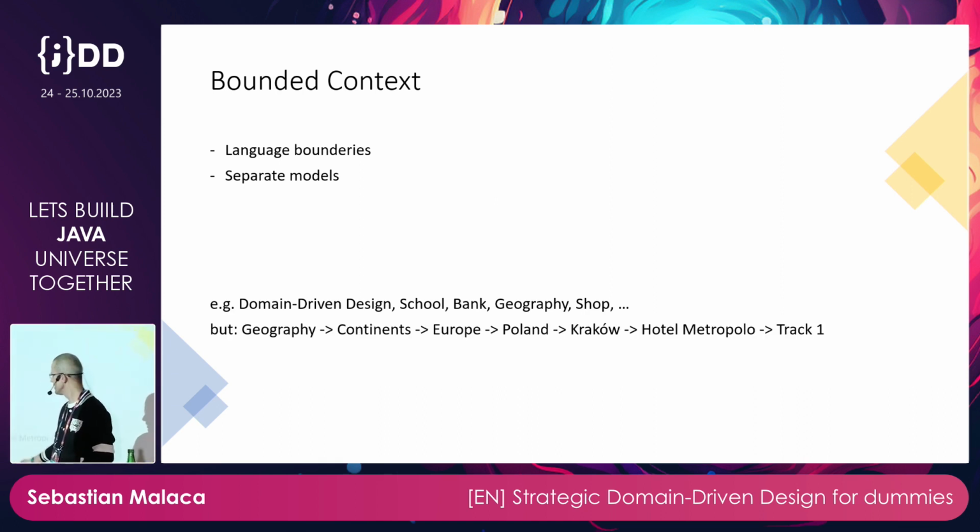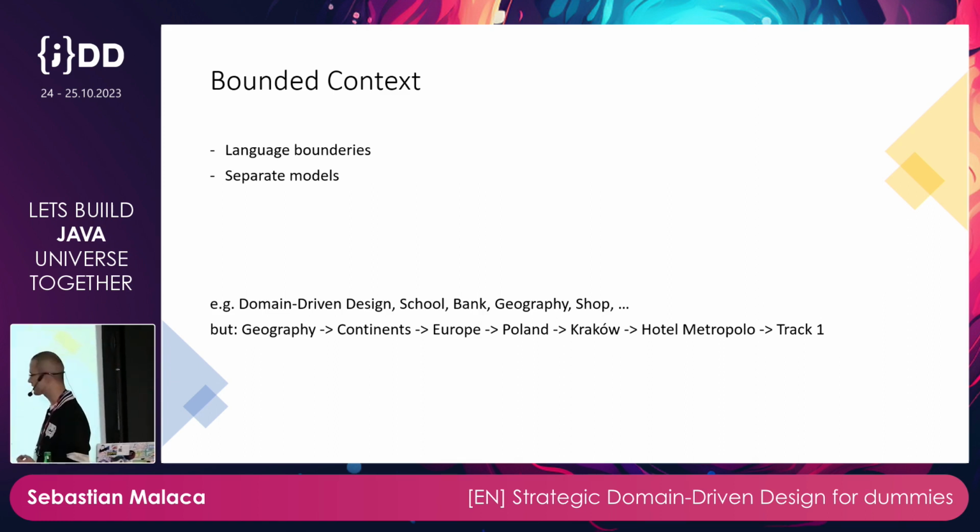Another difficulty is, yes, we may have a geography context, like mountains, seas, countries, and so on. But I can have a different context, continent. I'm forgetting about the seas between them. Okay, I can go even further: Europe, then Poland, Krakow, Hotel Metropol, the JDD conference can be my context.